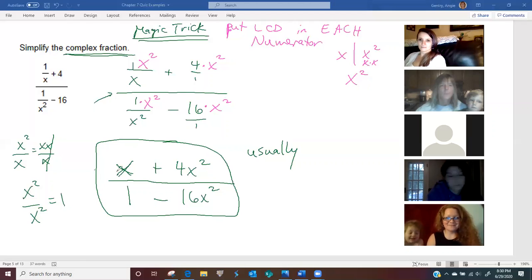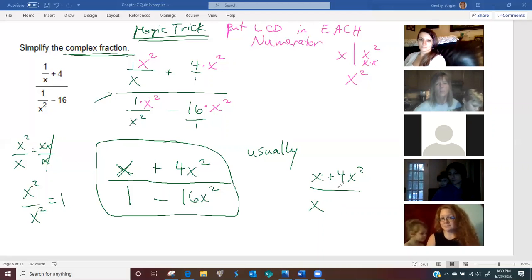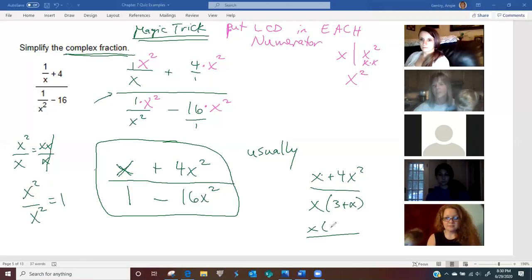Okay, so sometimes you're left with an X plus 4X squared and an X, I don't know, I'm just making this up now. Then you could factor the numerator.